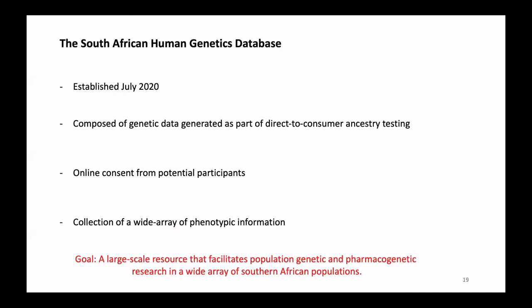Online consent will be requested from potential participants via RedCap, in addition to the collection of incredibly dense phenotypic information. So the thought here is that we'll capture a great amount of genetic diversity within Southern Africa, particularly of populations that remain quite understudied.